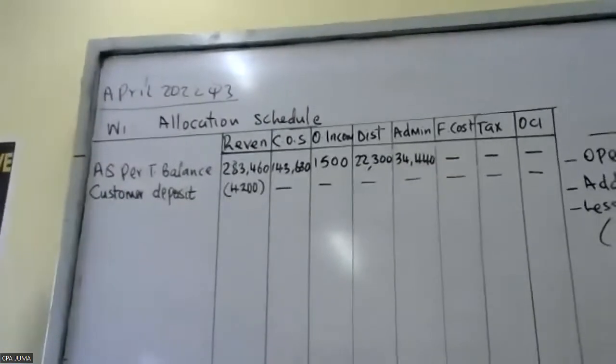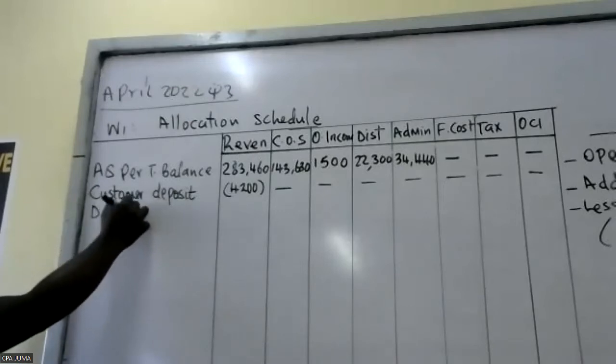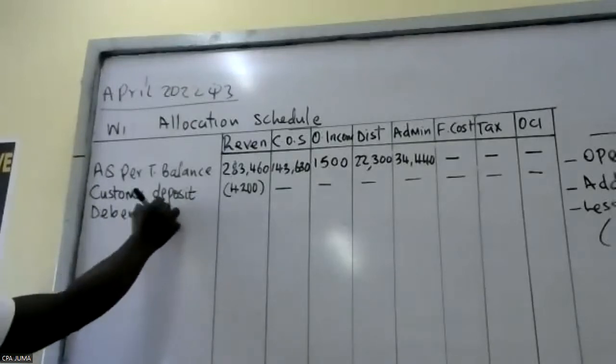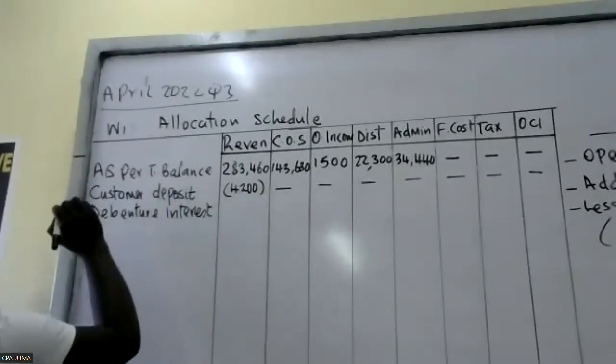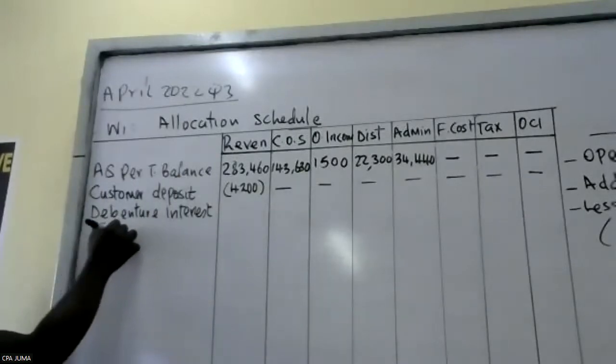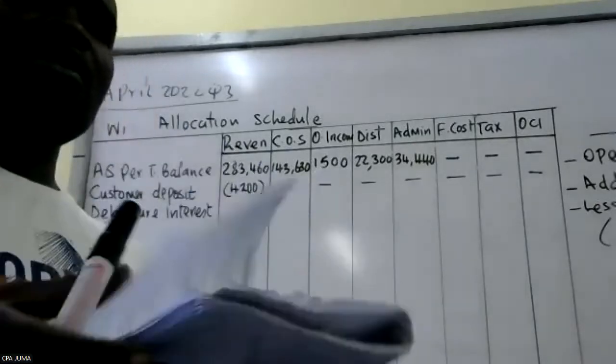So come here and write debenture interest 6%. Can you go and check the value of debentures in the trial balance? What was the value of the debentures?